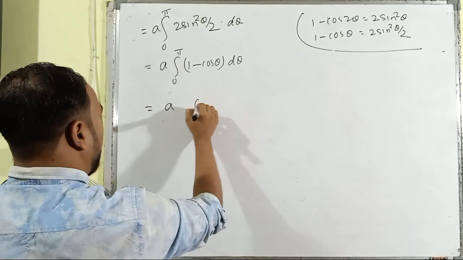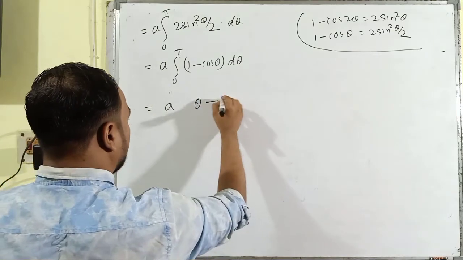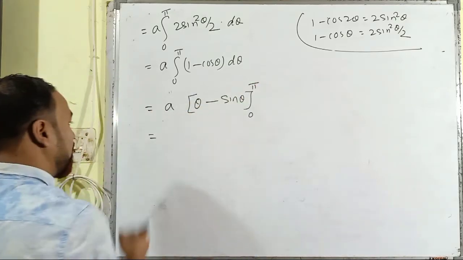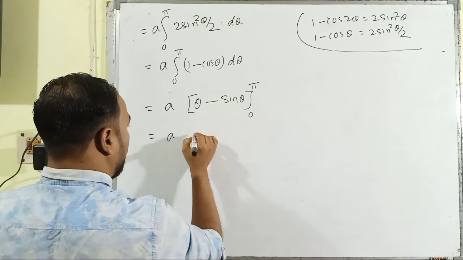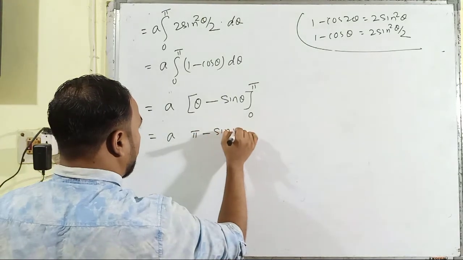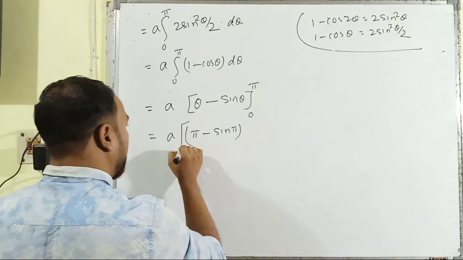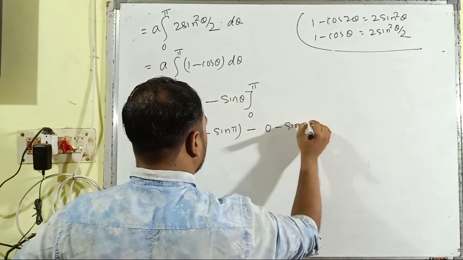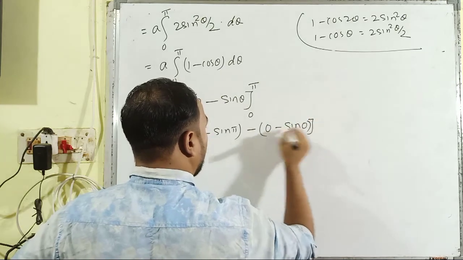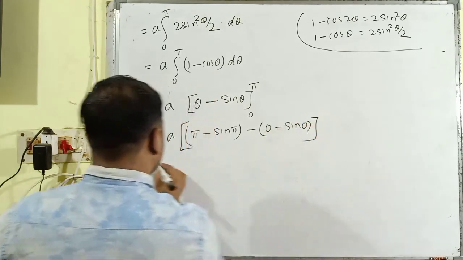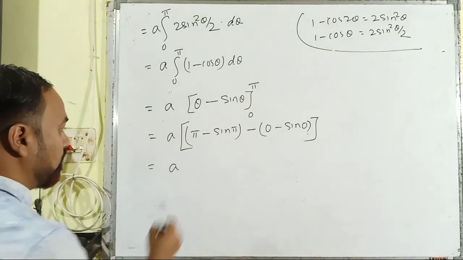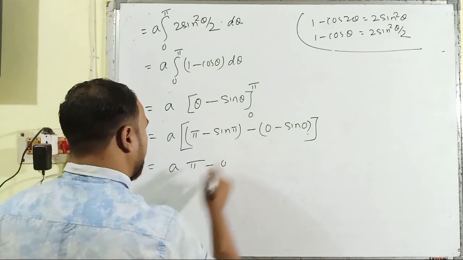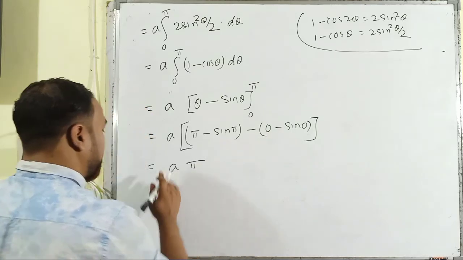a times the integral of 1, it is theta, minus the integral of cos theta, it is sin theta, from 0 to pi, then it is a times pi minus sin pi, then putting the value of 0 here, minus 0 minus sin 0, so here a times pi minus 0, and again these are zeros here, so it is a pi.